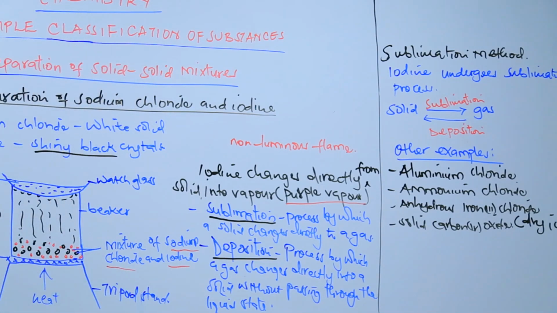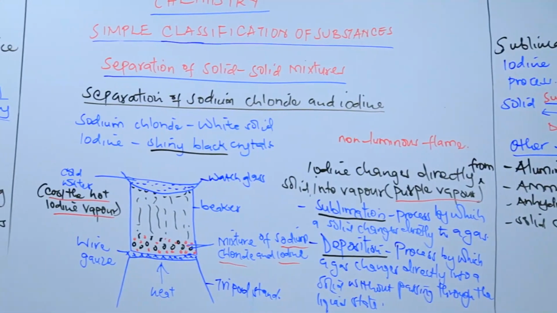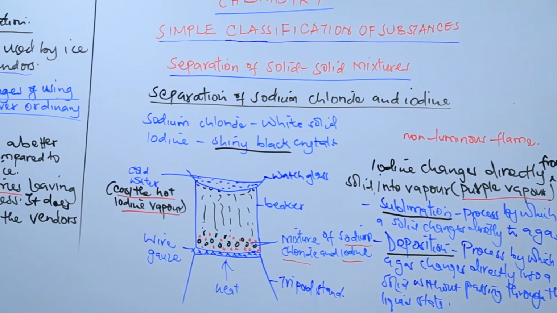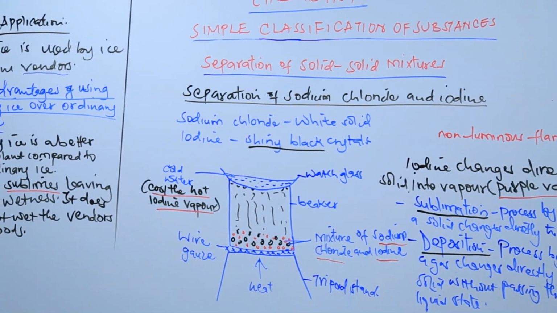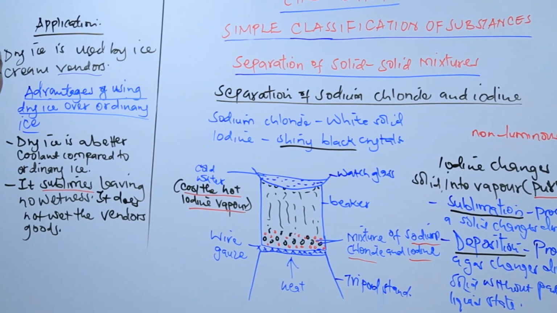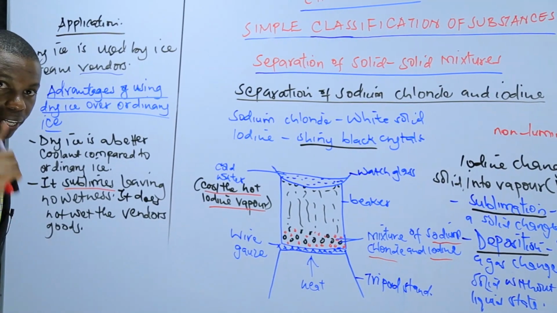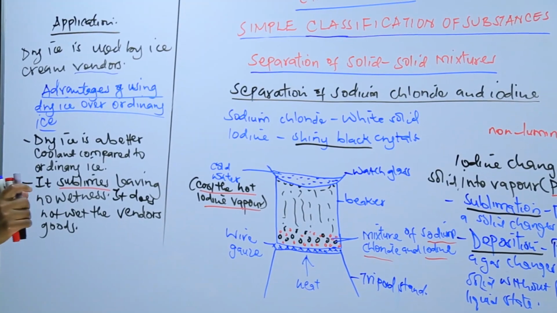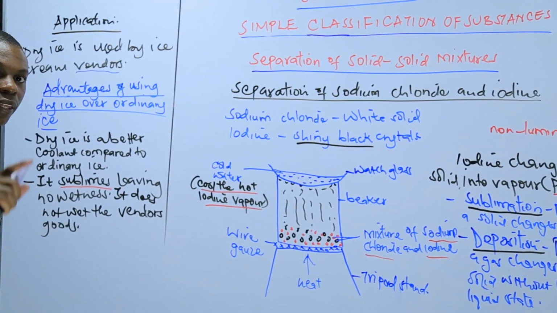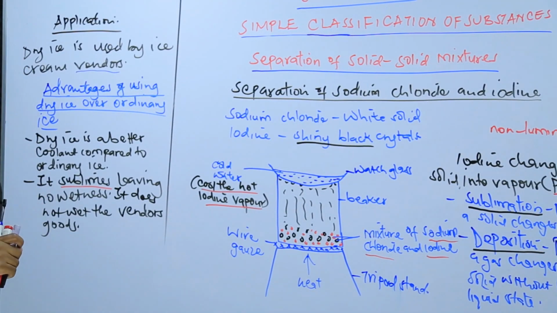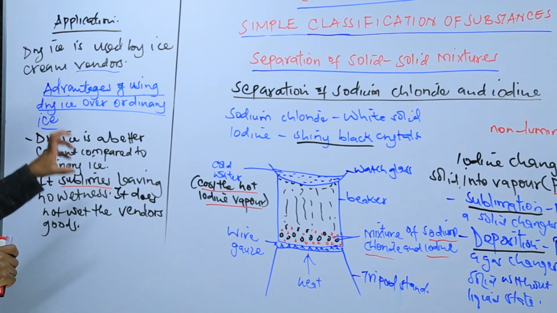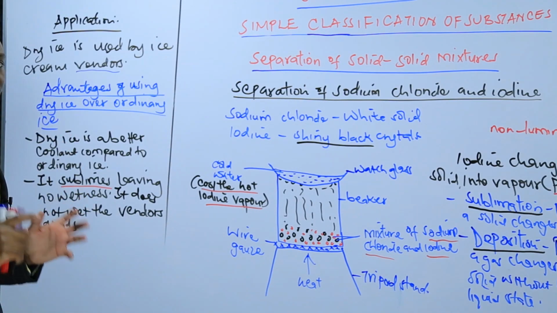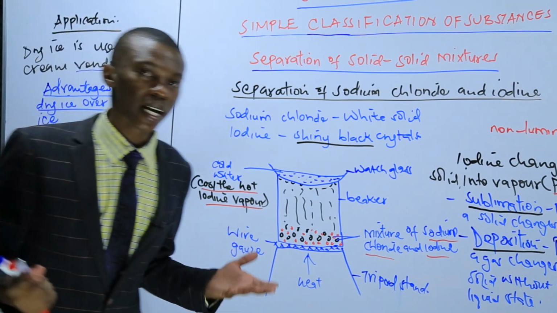Then we have looked at the application. I've told you that dry ice is used in cold boxes by ice cream vendors, and that vendors are just the people who deal with the selling of ice cream. Then again, we have discussed the advantages of using dry ice over ordinary ice.